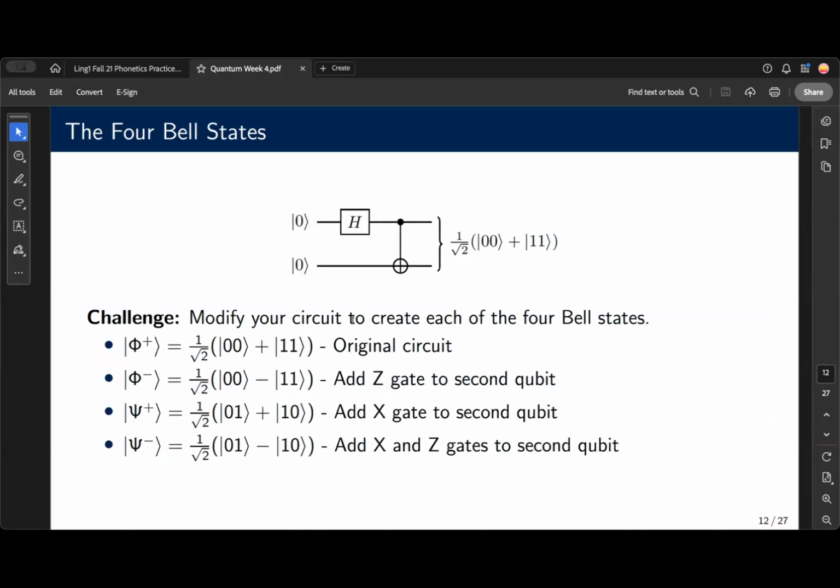So with that, we just built the original circuit, the first Bell state, but we do have 3 other Bell states, and you can do this at home or take it as a challenge where the goal is to modify your current circuit to create each of the other 3 states as well.